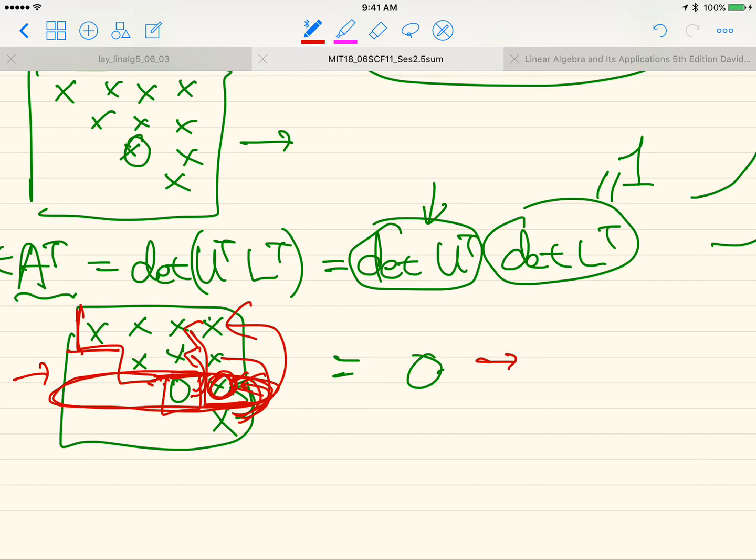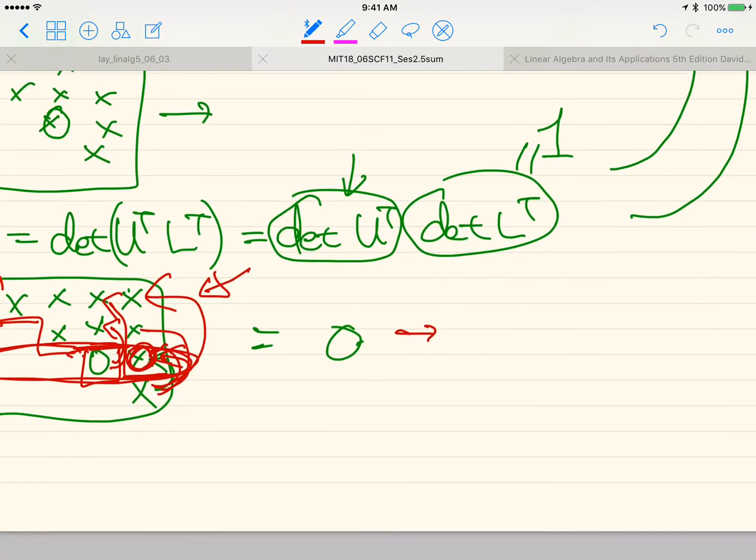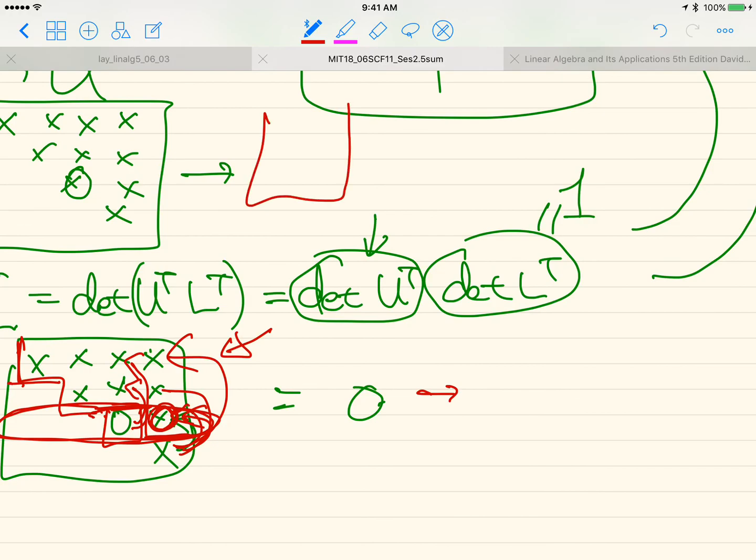Also, let's not think about this matrix as our input. In general, you have some matrix like a 4x4, and you change it to echelon form. That will become your upper triangular matrix.